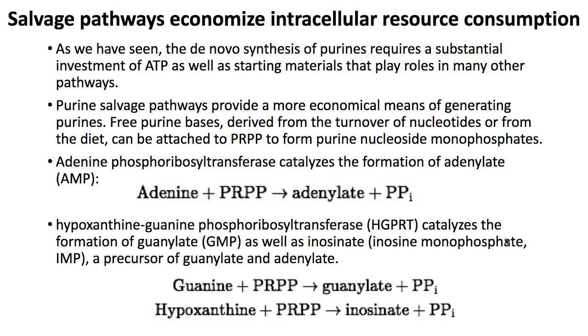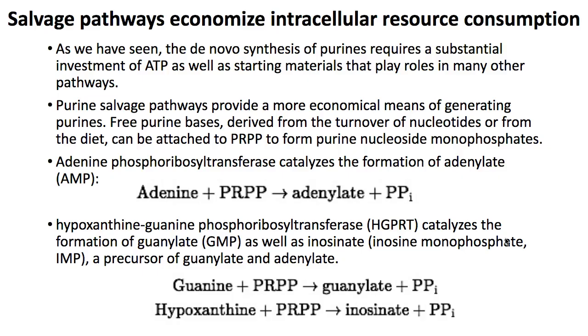And so as far as the salvage pathways of making a purine, this is done by generating free purine bases that are derived from the turnover of nucleotides or from our diets.